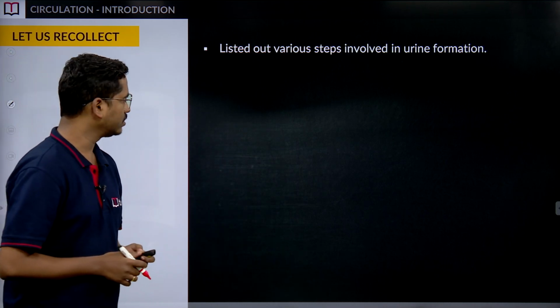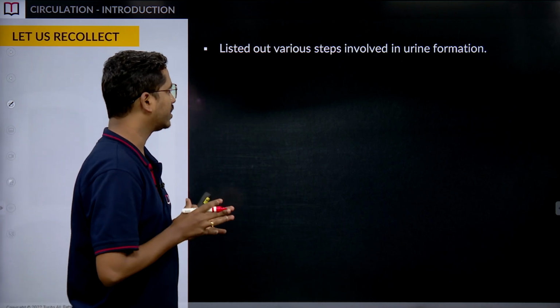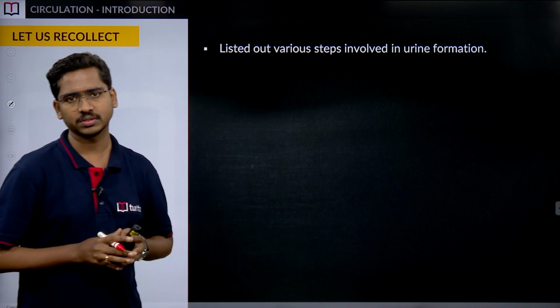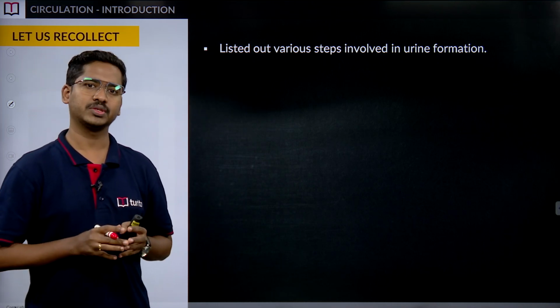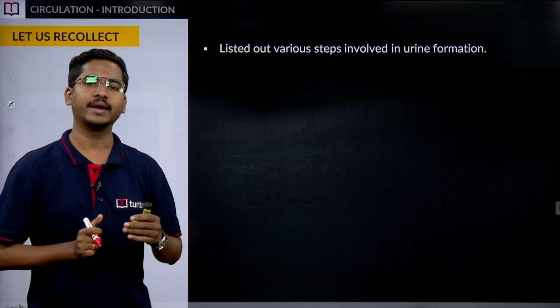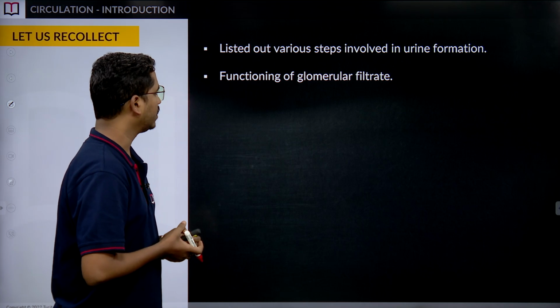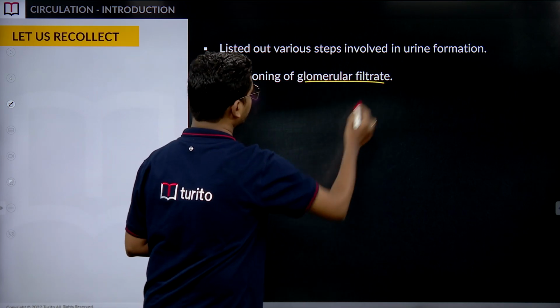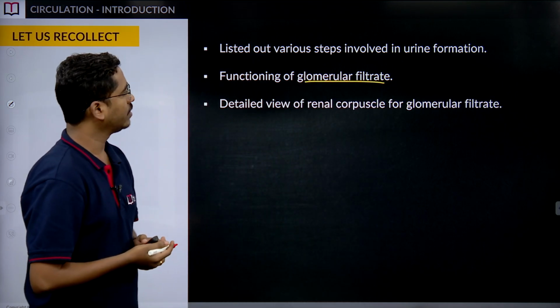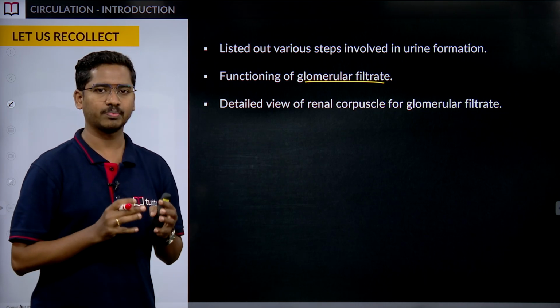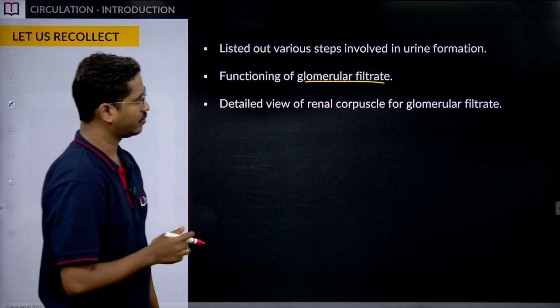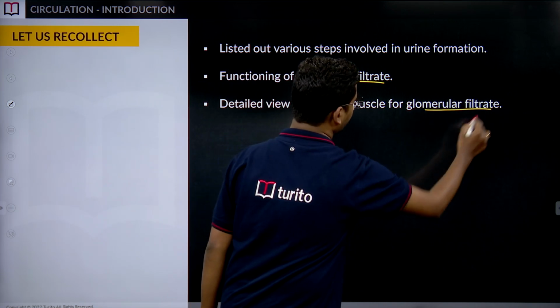In the previous session, we were trying to list out various steps involved in urine formation. That is what we understood depending on the functioning and various segments of the nephrons, and then we looked at the functioning of the glomerular filtrate, and then we understood the renal corpuscle, how exactly it is involved in glomerular filtrate.